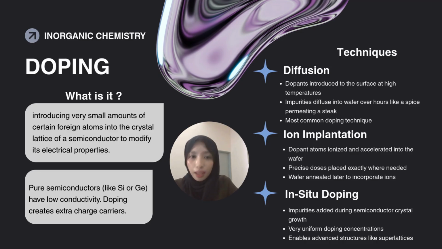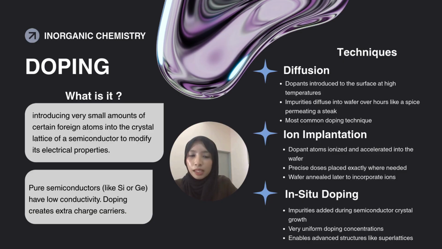There are 3 main techniques of doping. First, diffusion. Dopants are introduced to the surface at high temperature. Then, the impurities diffuse into the wafer over hours like a spice permeating a stick. It is the most common doping technique. Next, ion implantation. Dopant atoms are ionized and accelerated into the wafer.